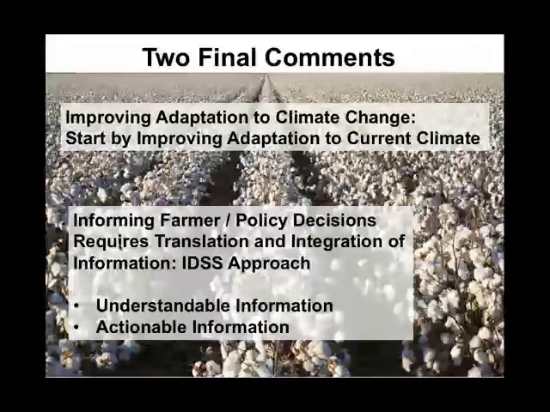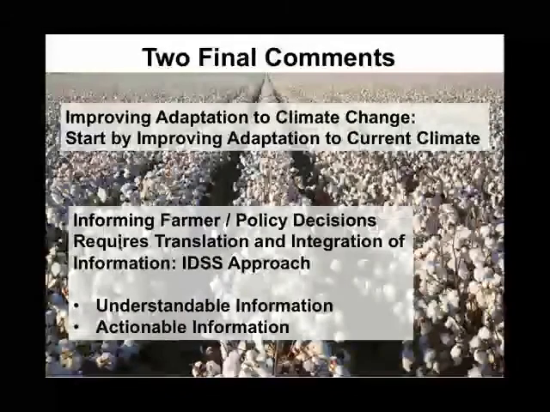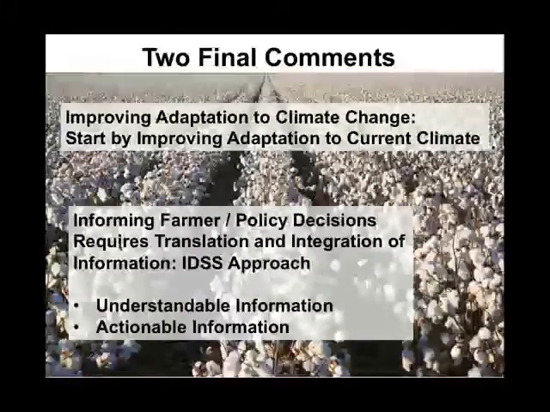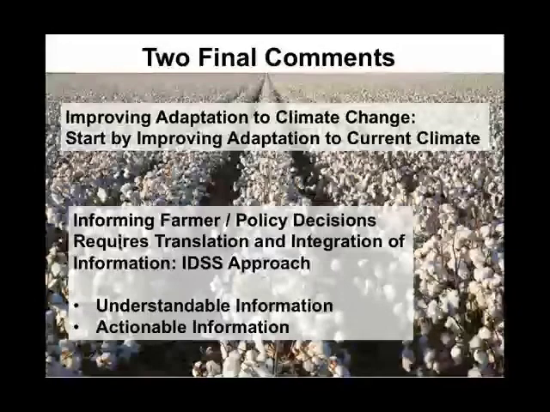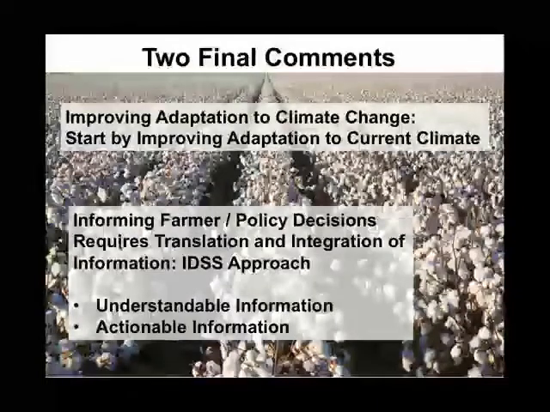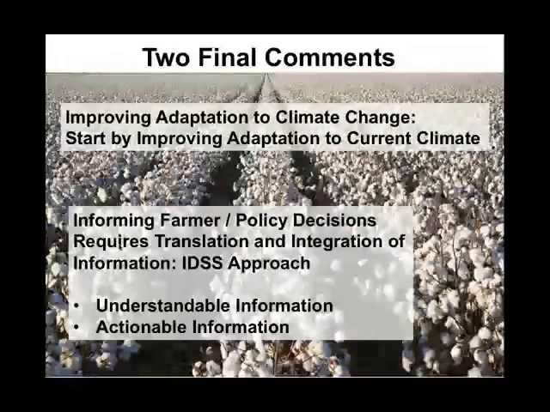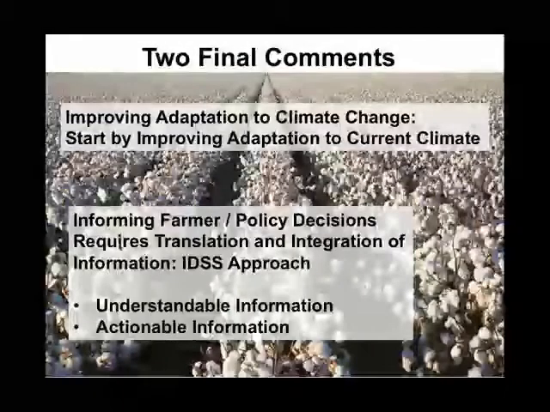The result of that approach is, one, information that is easily understandable by farmers, advisors, and consultants, and two, information that is actionable, that triggers action, that is a lot more than just interesting. It triggers an action.